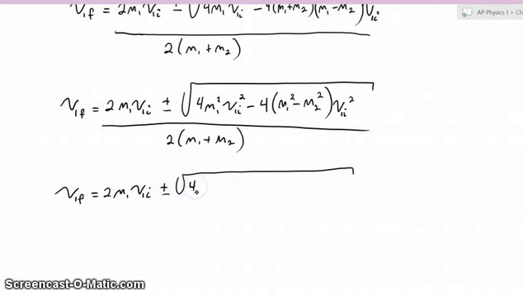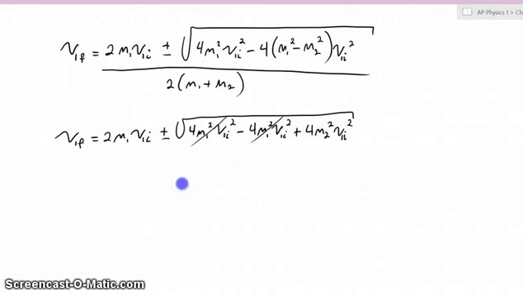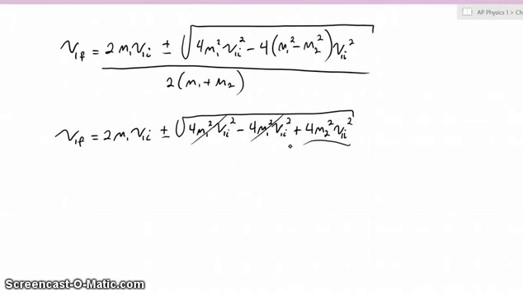So we're going to have 4m1 squared v1 initial squared minus 4m1 squared v1 initial squared plus, so I'm just distributing everything into that binomial term here. So we'll get plus 4m2 squared v1 initial squared. So these two terms cancel out, and the only term left is all squares, so it's going to be easy to take the square root of.